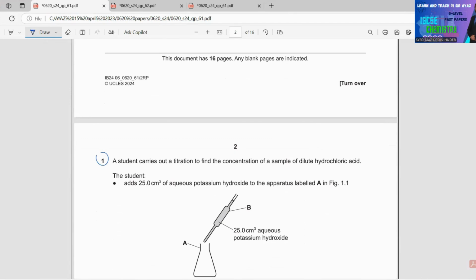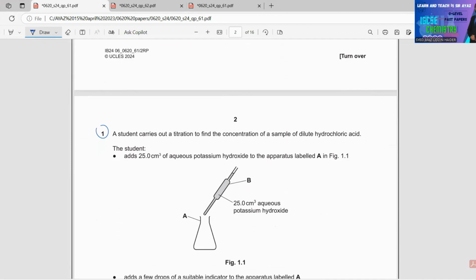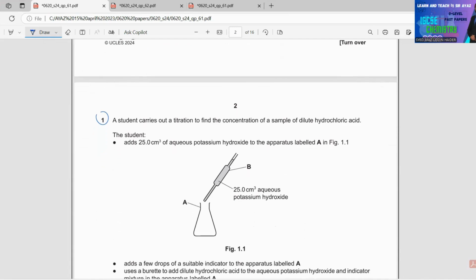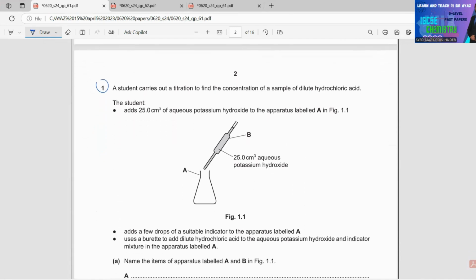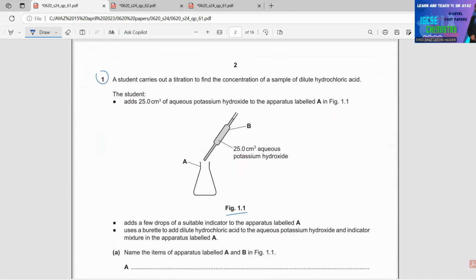A student carries out a titration to find the concentration of a sample of dilute hydrochloric acid. The student adds 25 cm³ of aqueous potassium hydroxide to the apparatus labeled A in figure 1.1. So here's figure 1.1.